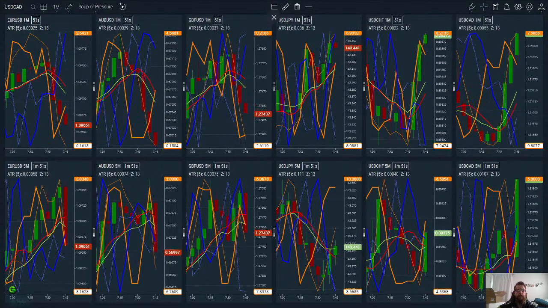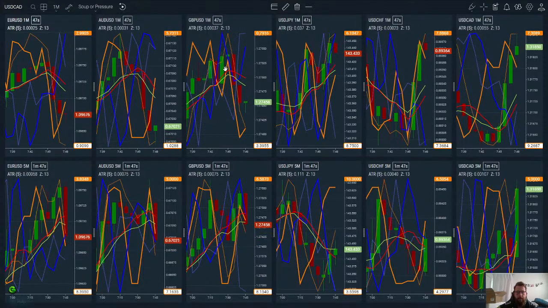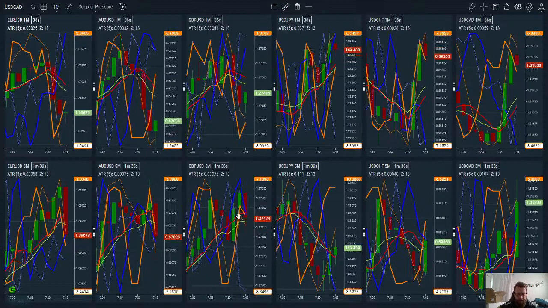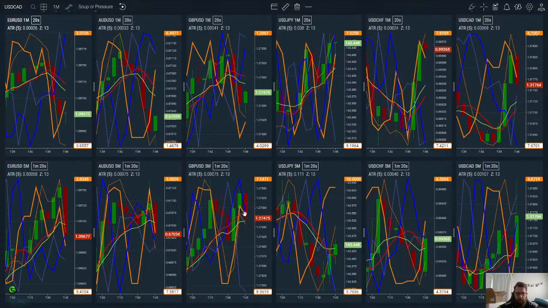Okay, so I just sold the pound. We're crossing through the pressure on the 5 minute. Red's on top, which is good. Oranges are pointing down, which is where we want them to point. I really like the reversal in a thick orange here too.